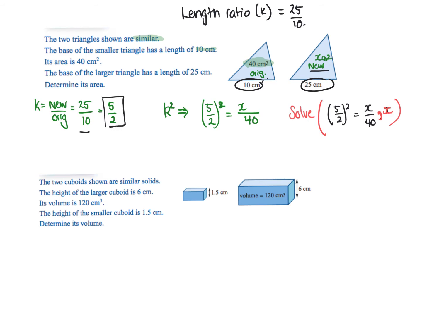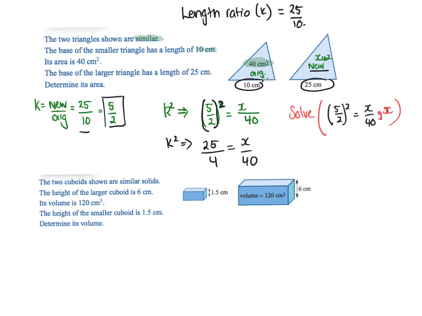If I want to compare the areas, you use K as your corresponding side ratio, but you square it. So K squared. You can just leave it as a fraction and make sure you square the whole thing, or you can square both numbers, like 25 over 4, equals x over 40.